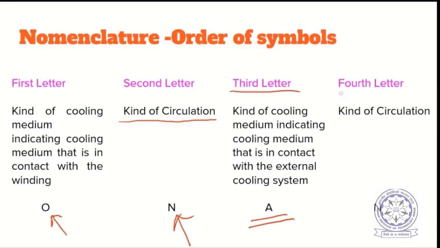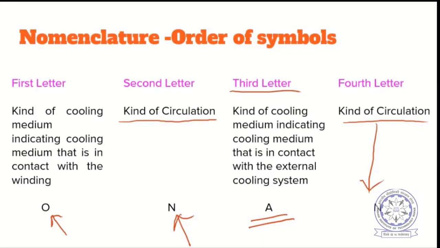And the fourth letter is the kind of circulation of the external cooling medium. Please remember, the external cooling medium is outside the tank, meaning radiator tubes or the transformer tank itself.